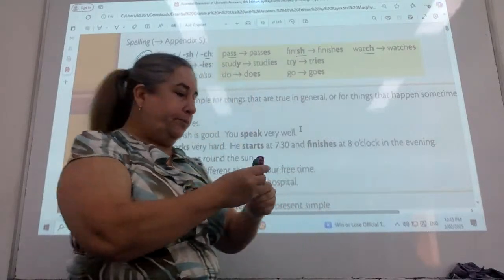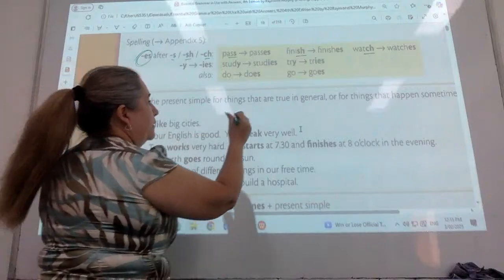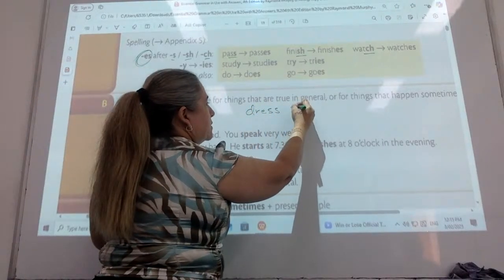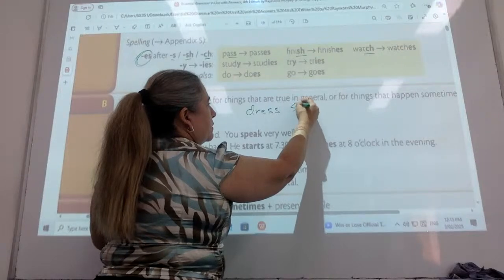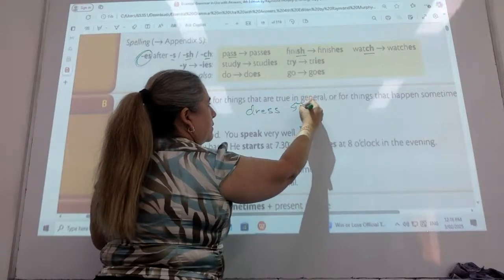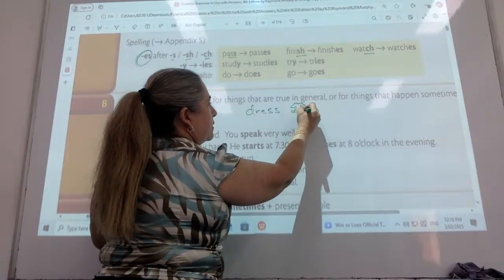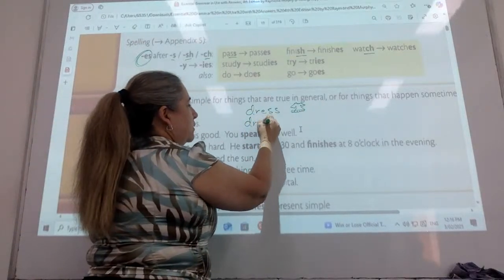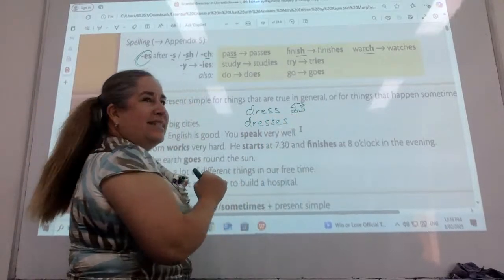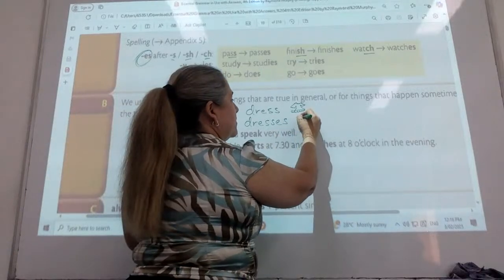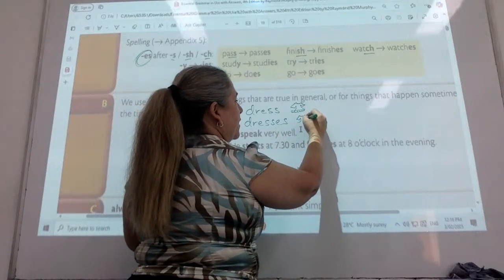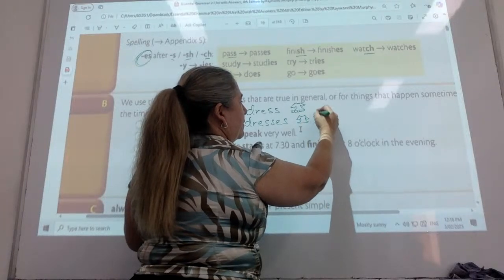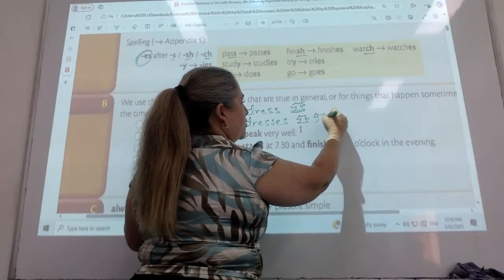For example, let's see. Dress. If it's plural, yes, we're going to say dresses. Sorry, you guys know I'm not very good at drawing. So this is difficult for me. I'm trying to learn, actually.